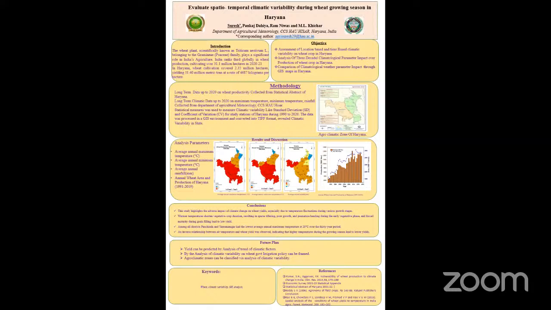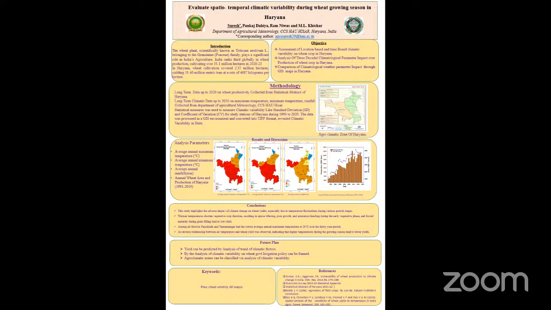Let's start from the introduction. Wheat, scientifically known as Triticum aestivum, belongs to the Gramineae family and has a major role in India's agriculture. India ranked third in wheat production, and Haryana is fourth in rank for wheat production, annually sharing 10% of production area.